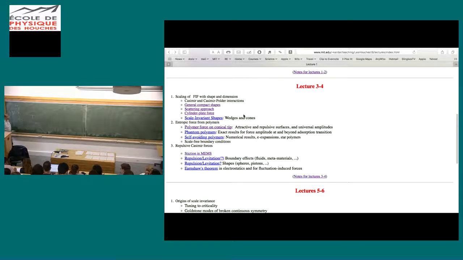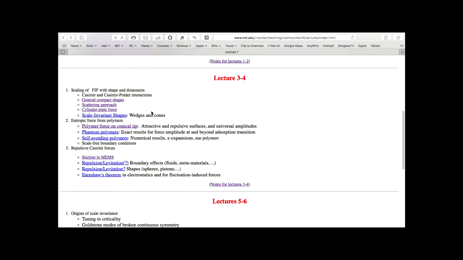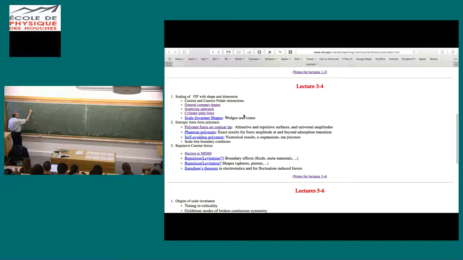For example, if you do that, you end up with a force that is 2 pi r, if the radius of this thing is r, times the parallel plate energy per unit area as a function of h. And the parallel plate energy, again, we can calculate based on dimensional analysis. We even calculated what the coefficient of that was.